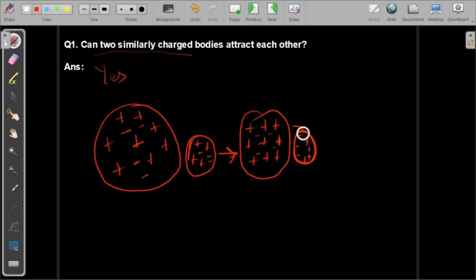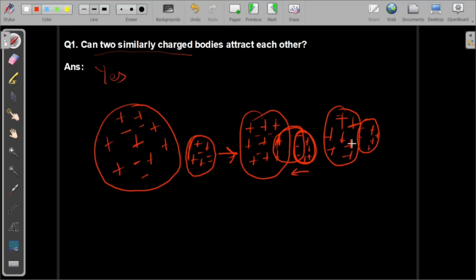As a result, what will happen? These positive charges and the negative charges will be attracted to each other. So due to that, this body will be dragged by the bigger one. It will be like minus minus minus, plus plus plus plus. This will be dragged. They will be attracted.